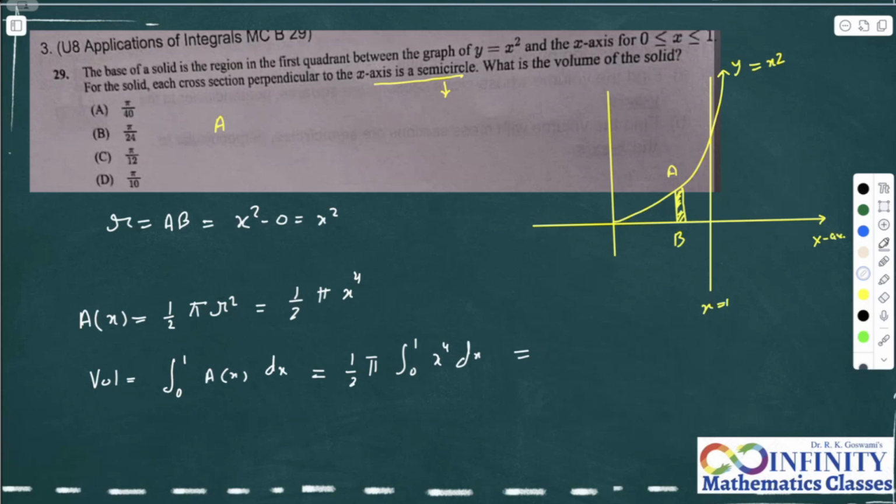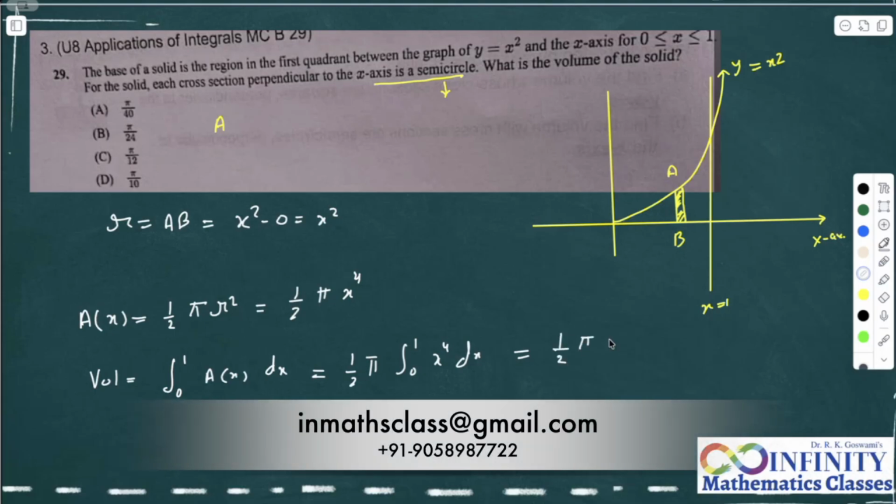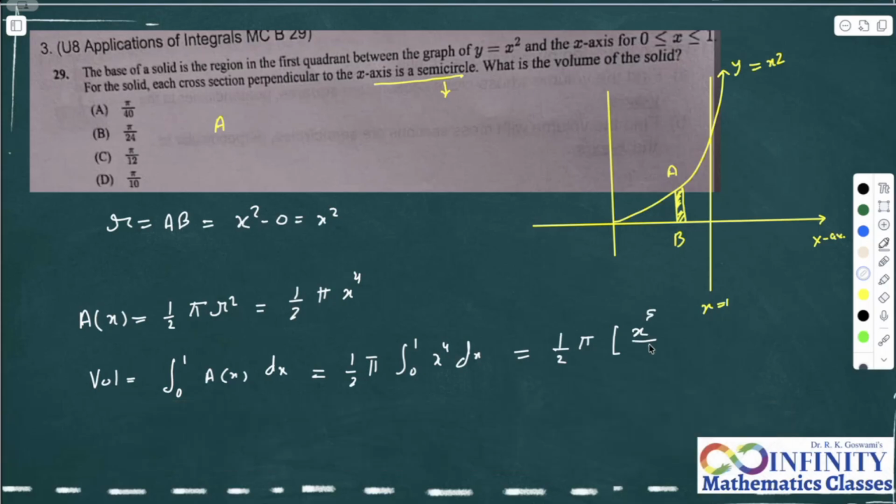Done. Would it be pi over 24? I have a doubt, because the integration will help you. It is going to be x power 5 over 5. And when you plug the value from 0 to 1, it is going to be 1 by 5 minus 0.